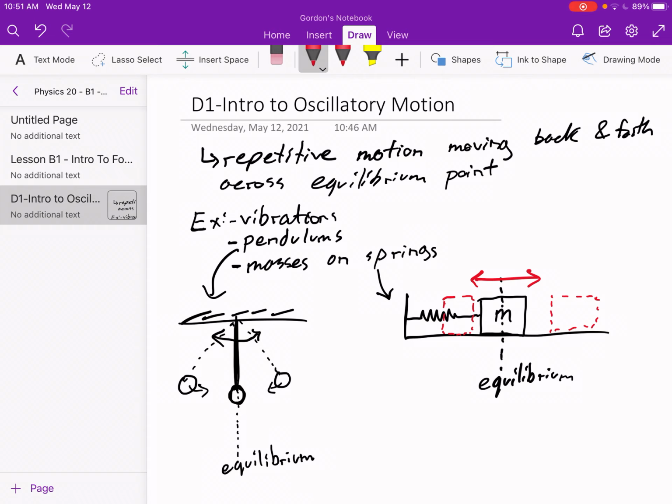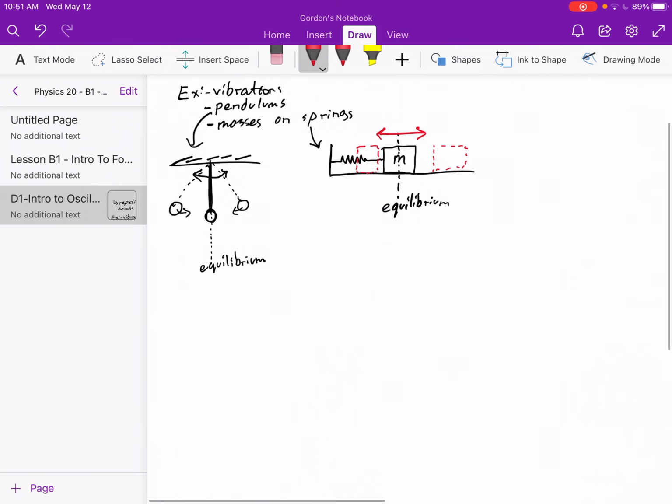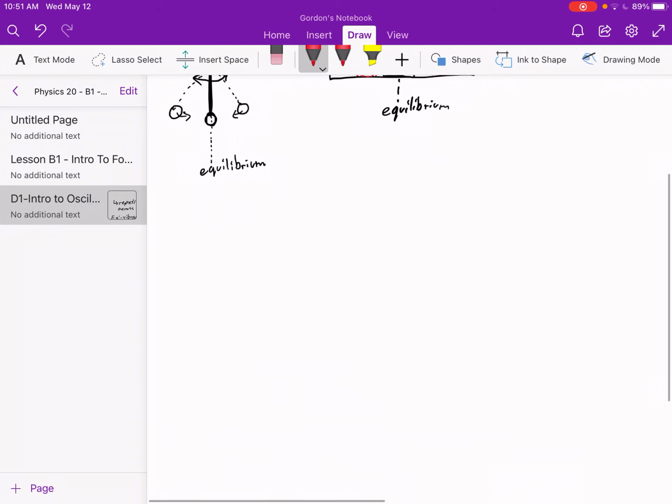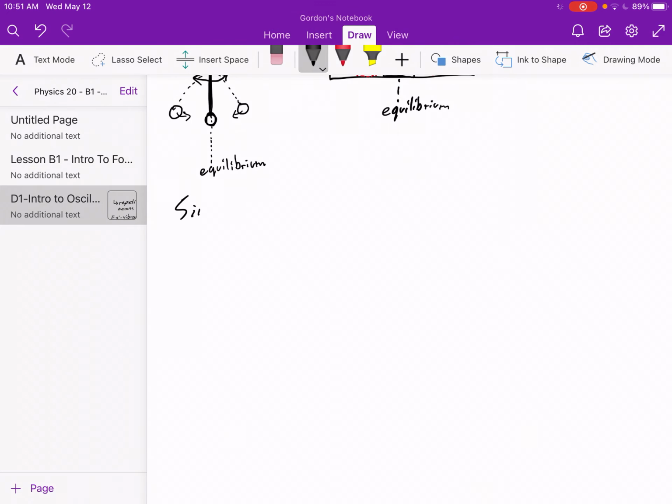One specific kind of oscillatory motion that we are going to talk about today is what we call simple harmonic motion. In fact, this is all we're going to talk about in this unit.